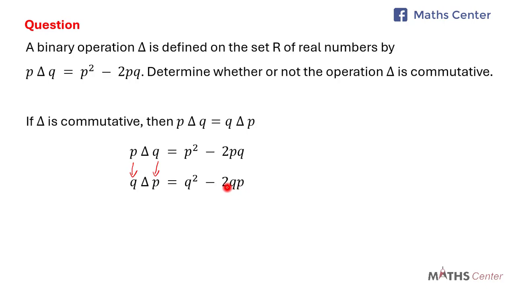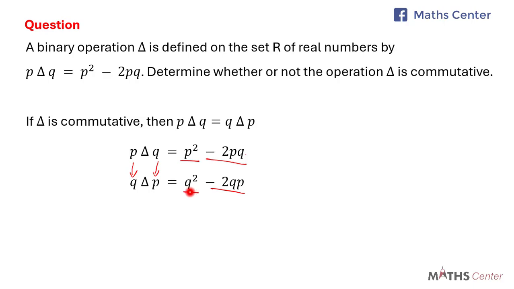Now let's compare P delta Q to Q delta P. As you can clearly see, we have negative 2PQ here. Here, we have negative 2QP. Negative 2PQ is the same as negative 2QP. But on the left-hand side, we have P squared. On the right-hand side, we have Q squared.